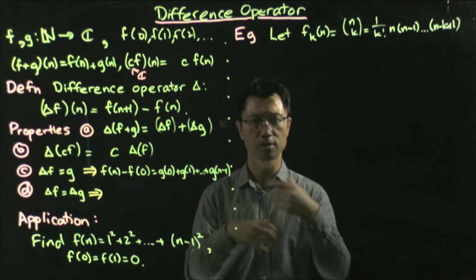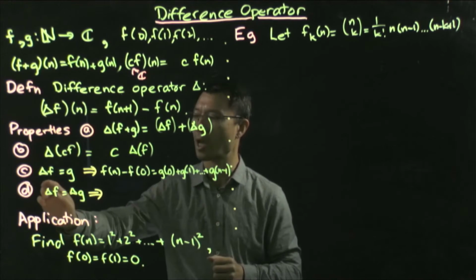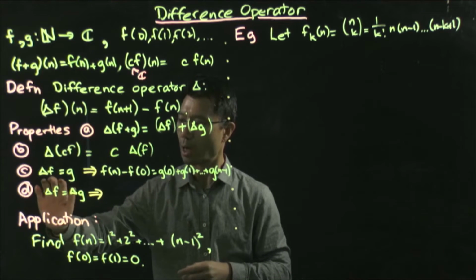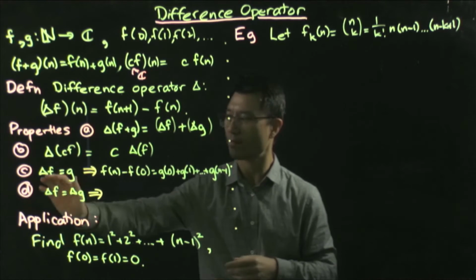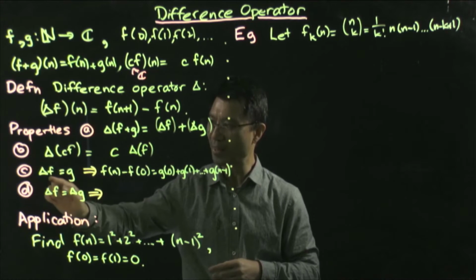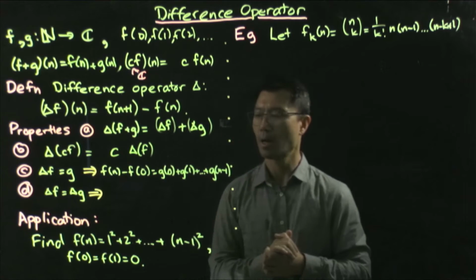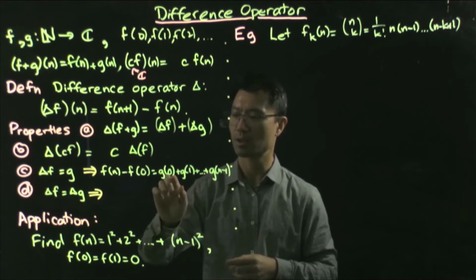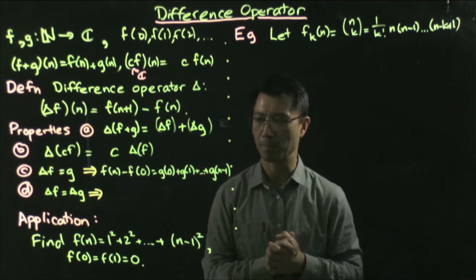So suppose you have delta of f is equal to g. Then what does that tell you about the actual values of f? If you look at f of n minus f of 0, this is going to be the partial sum of these g's: g of 0, g of 1, all the way up to g of n minus 1.